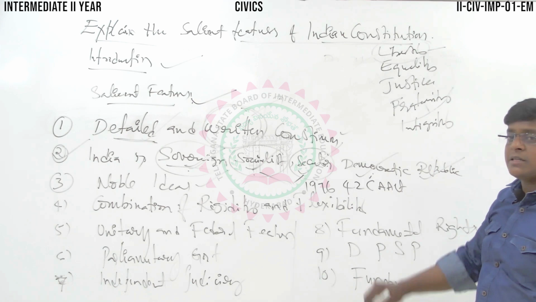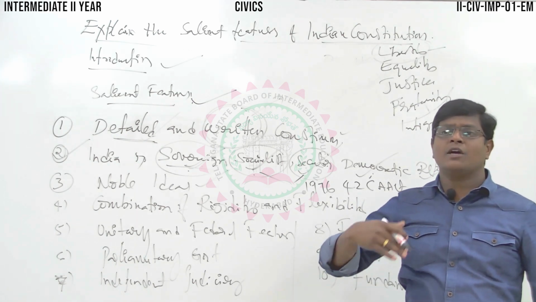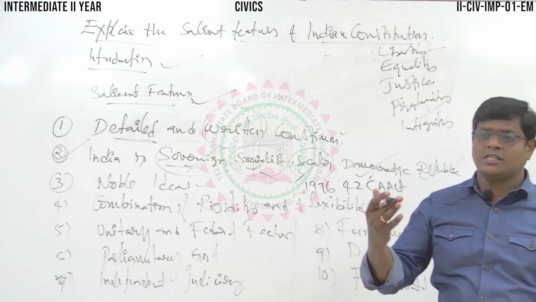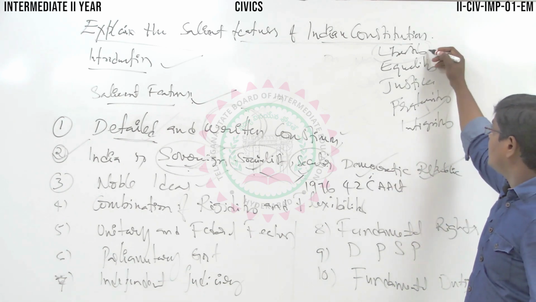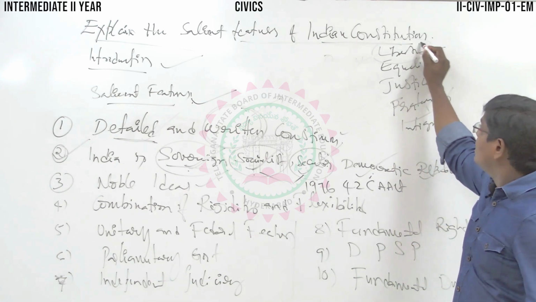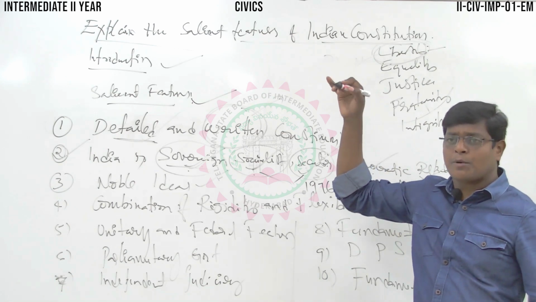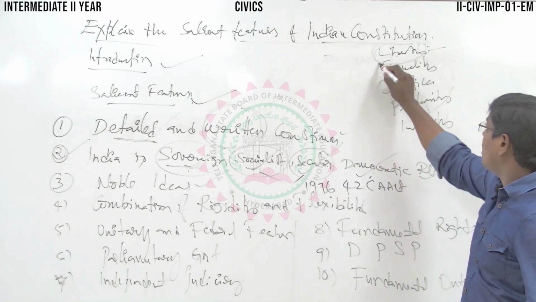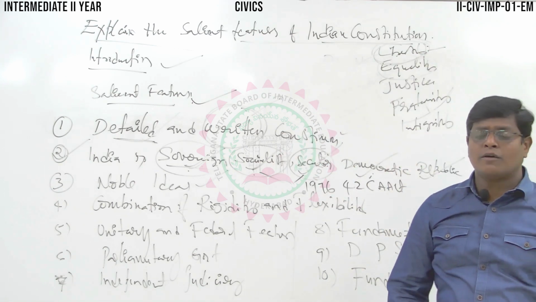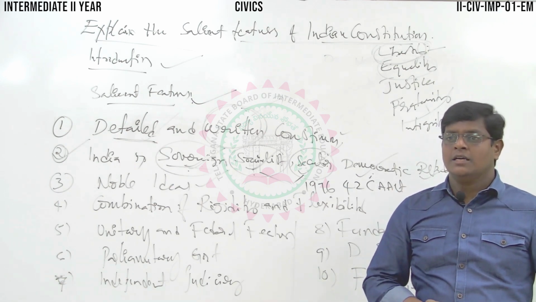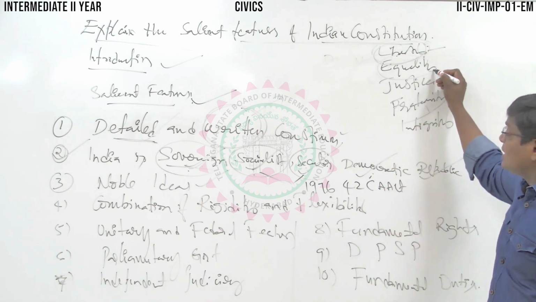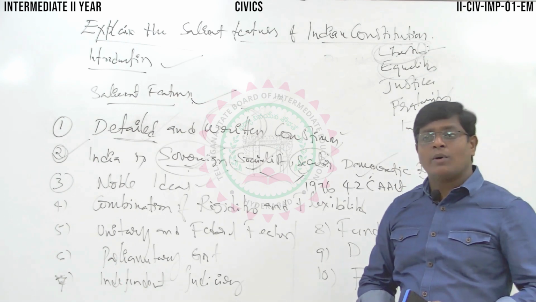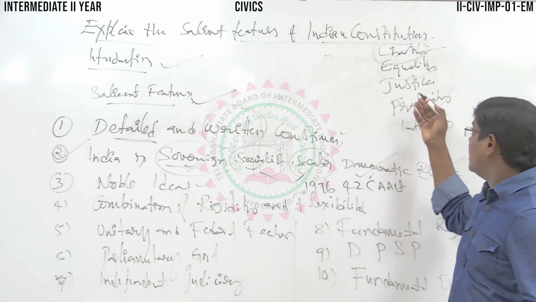Liberty in what matters? Liberty of thought, liberty of expression, liberty of worship, liberty of faith, like this. In those matters, liberties are provided to the citizens. Equality in the matter of opportunity. Understood? Equality in the matter of treatment we provided.